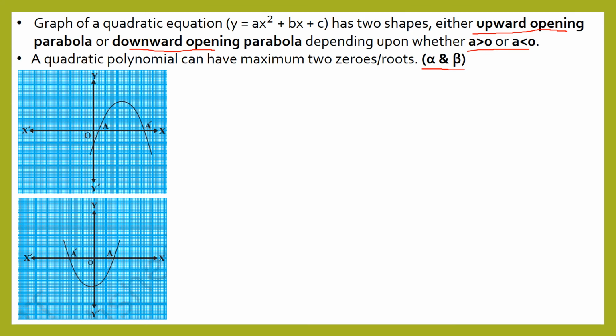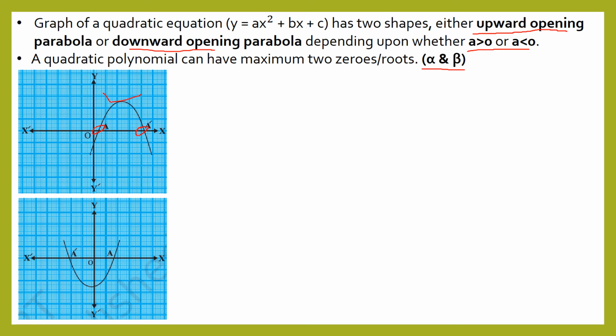Now let's look at these two curves. Here we see a downward opening parabola. So the value of a for this particular curve would be a negative real number, and it intersects the horizontal axis at 2 points, so there would be 2 distinct zeros for this polynomial.